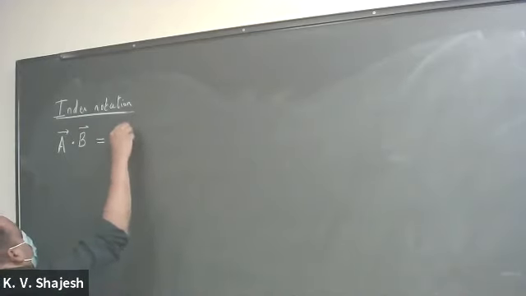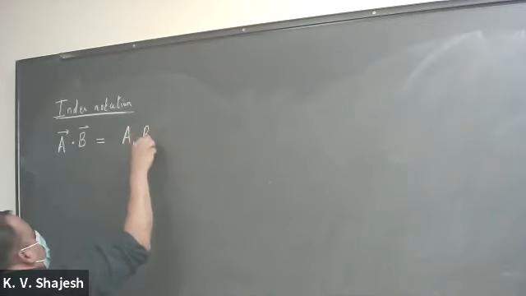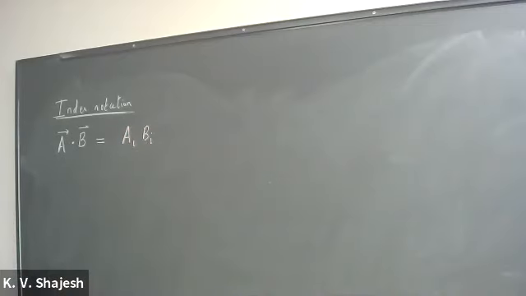And this is also conveniently written as a_i times b_i. That should be a summation over i, but that's the whole notation, that whenever an index is repeated, it's understood that there is a summation in it.